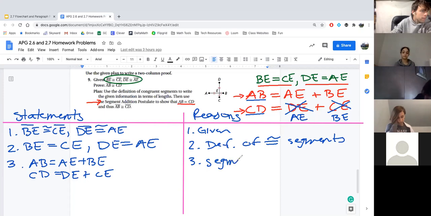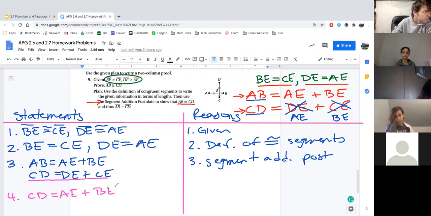Segment addition postulate. And then we made a substitution, right? We changed this second equation. So we said that CD was equal to AE plus BE by using the substitution property of equality.